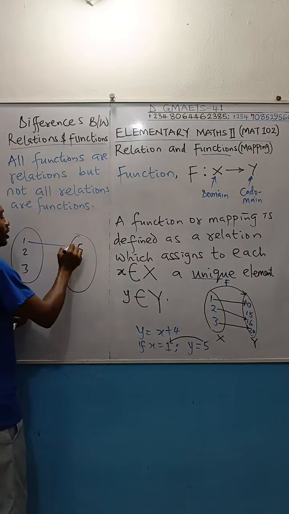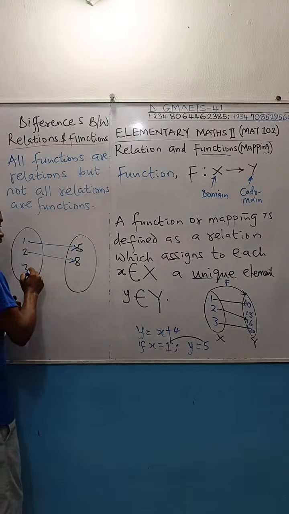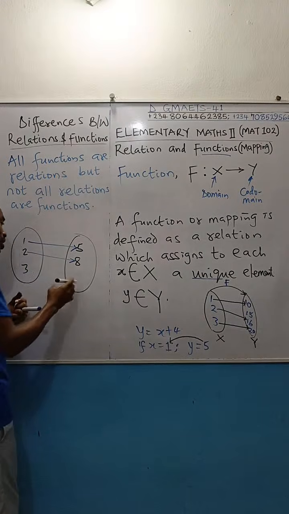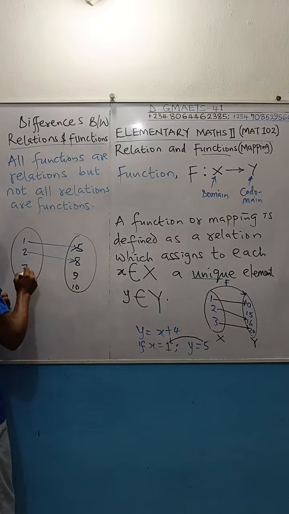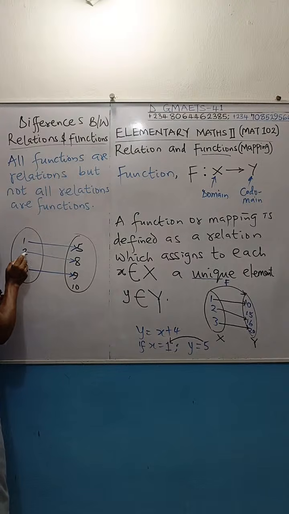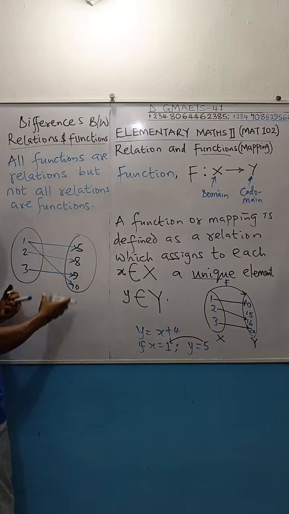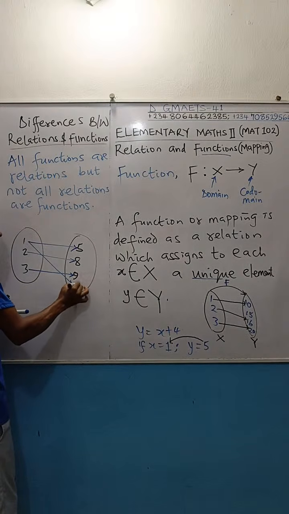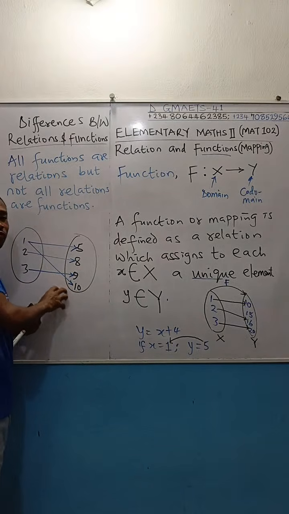You have something like this. 9, 10. And then you say, okay, let me just map this again to this. This last thing I did here denied this relation from being a function.